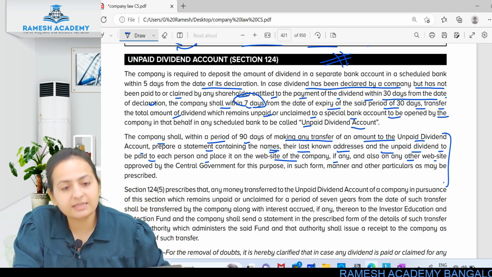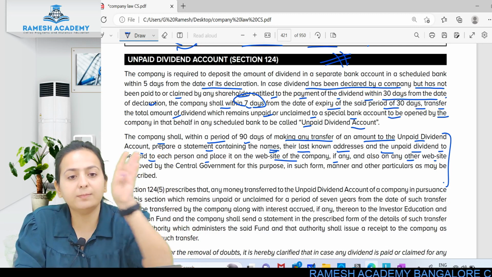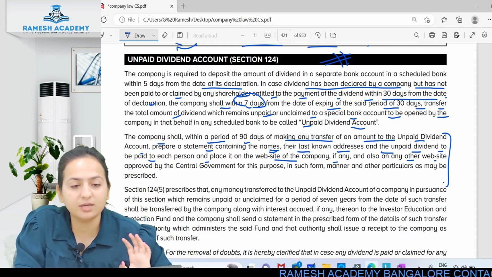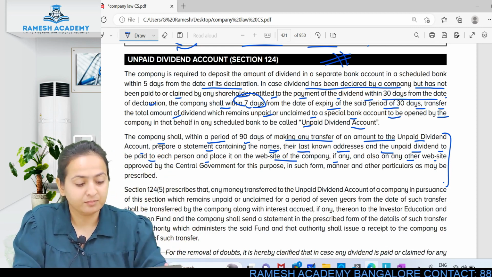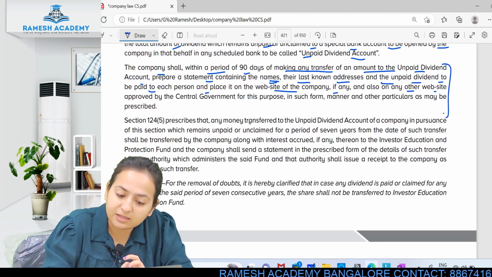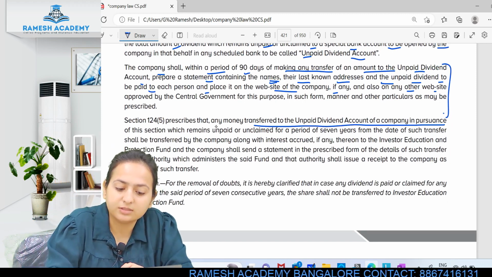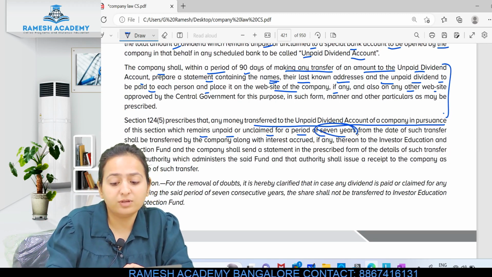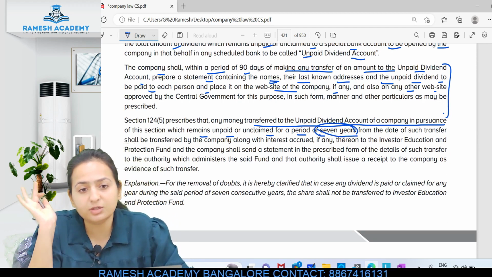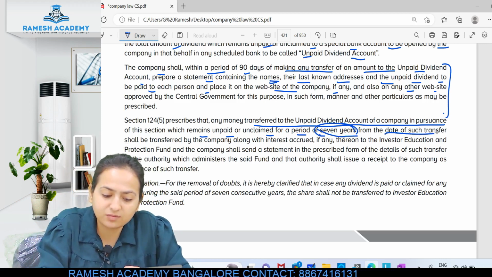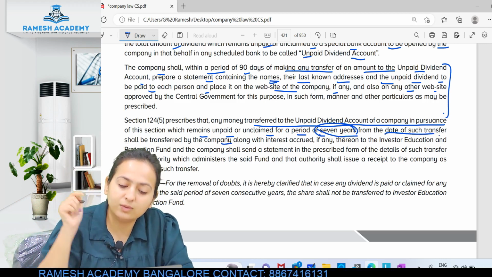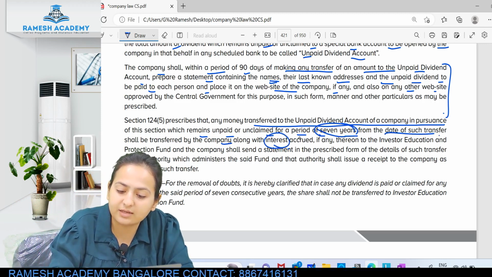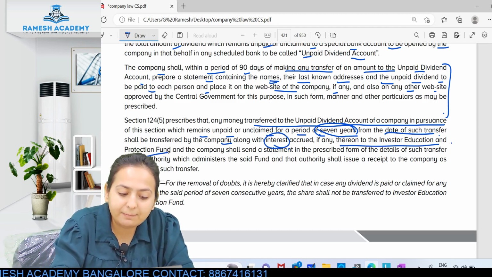Within 90 days you will prepare a list of the persons to whom this unpaid amount is due. Money transferred to unpaid dividend account which remains unpaid or unclaimed for 7 years from the date of the transfer, you will transfer along with the interest to the IEPF account.